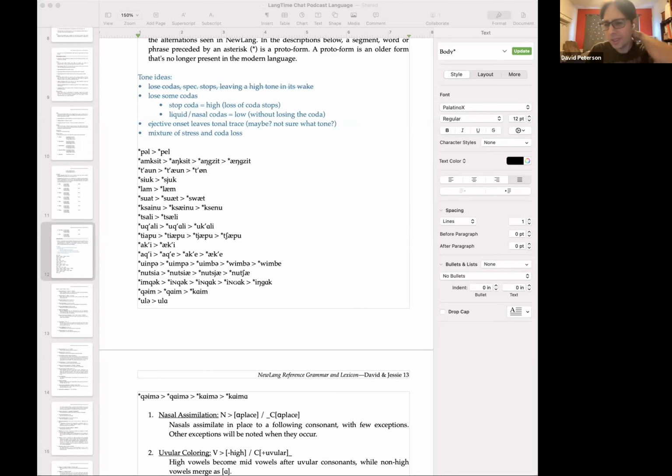Okay, so basically they're not going to do anything different from plain voiceless stops. Right. Vowels following stops.